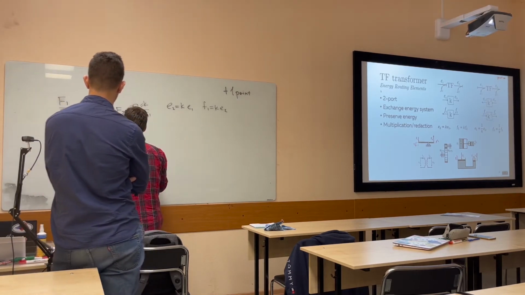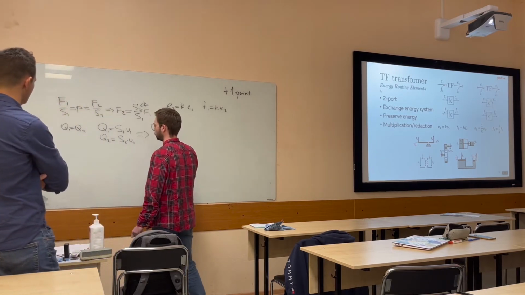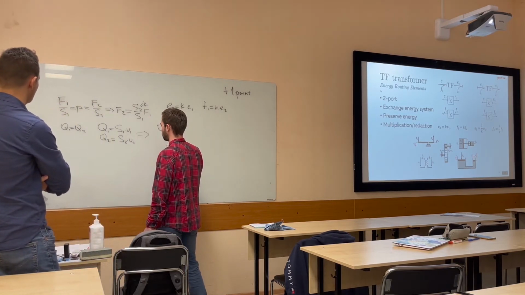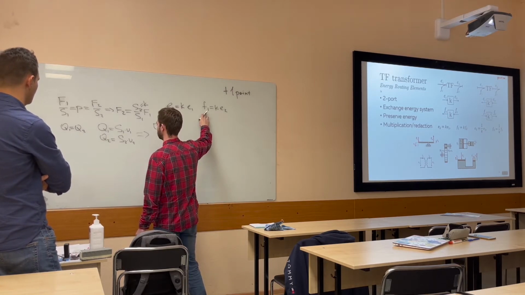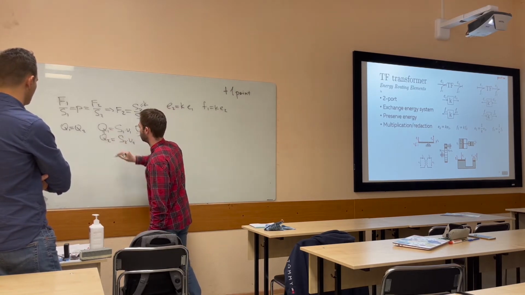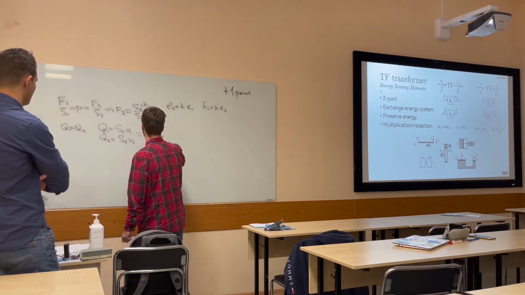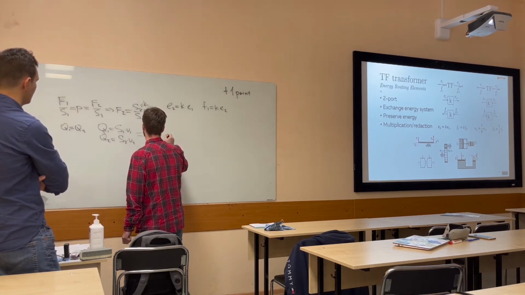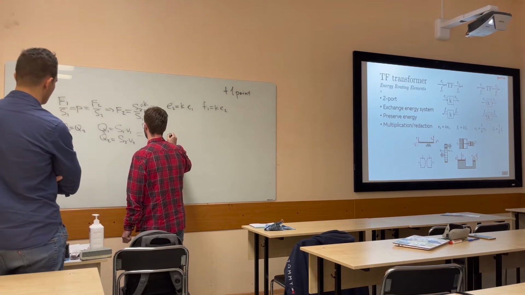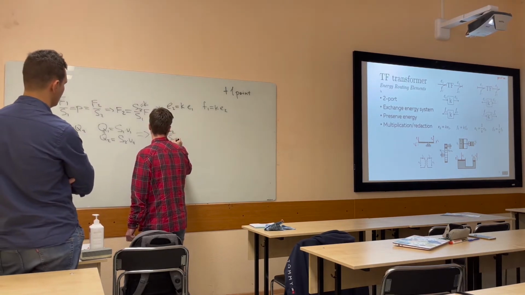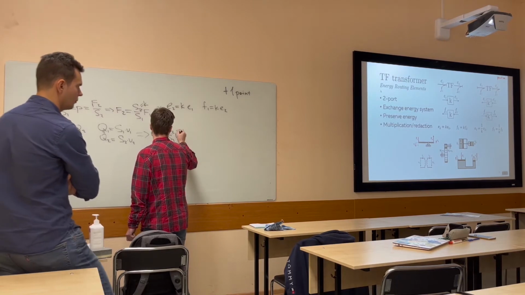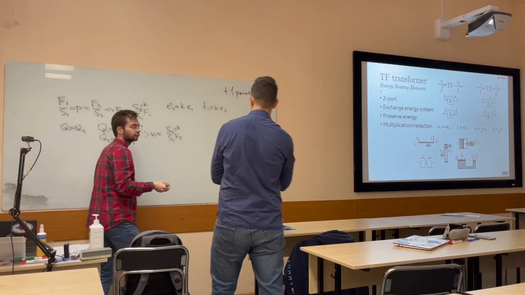From here we should find velocity 1: velocity 1 will be area 2 divided by area 1 multiplied by velocity 2. This is also okay.